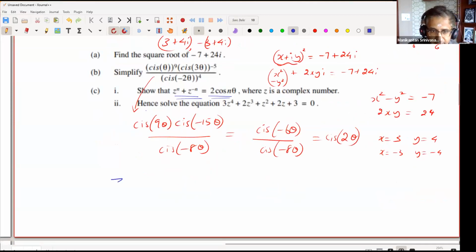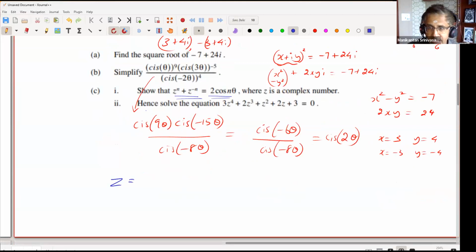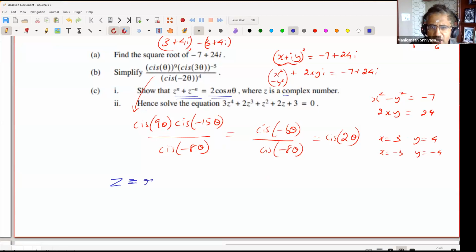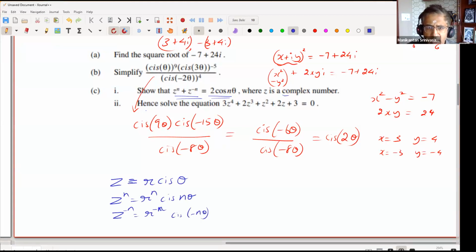So z is a complex number, right? So z is r cis theta, right? So z power n would be r power n cis n theta. Okay, so z power minus n would be r power minus n cis minus n theta, right? So he's making a mistake. It won't be true for any complex number. It'll be true for a complex number where r is 1.